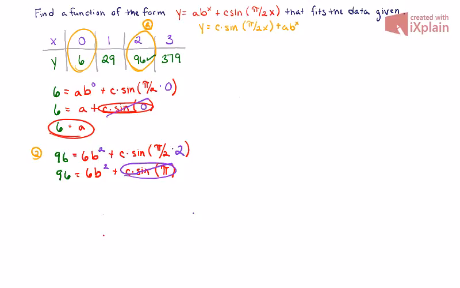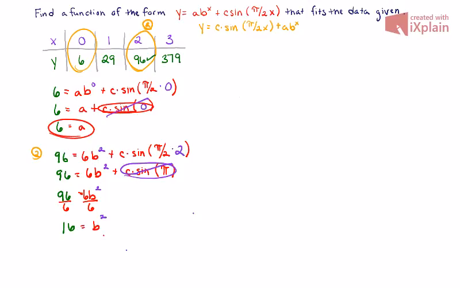So this leaves me with 96 is equal to 6b squared. We can go ahead and take the square root. Oh, sorry. Nope, jumping ahead. First, we need to divide both sides by 6. And this is going to give me 16 is equal to b squared.